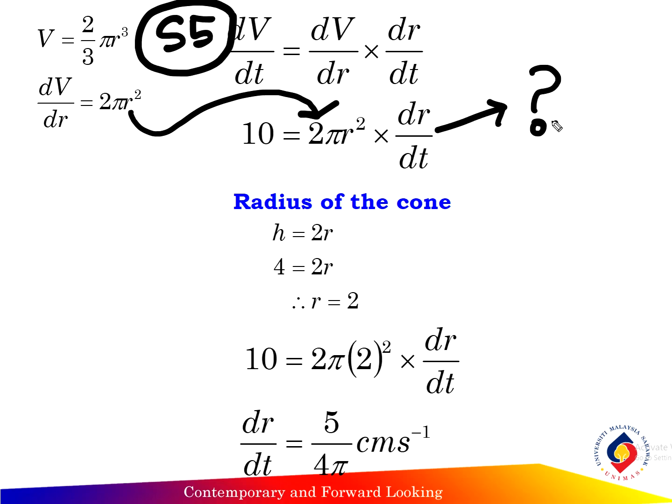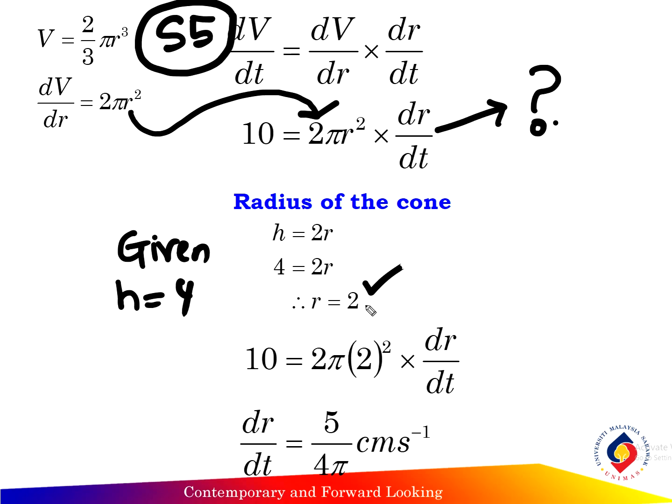Okay, and for the cone, h here equals 2 times radius, and given the height here equals 4 centimeters, you find the radius. 4 here equals 2 radius, and the radius here equals 2 centimeters. And dV over dt is 10 centimeter cube per second.